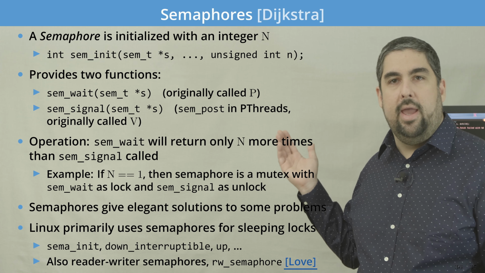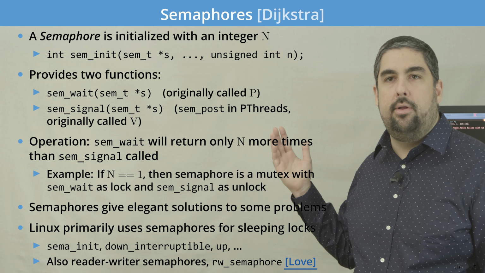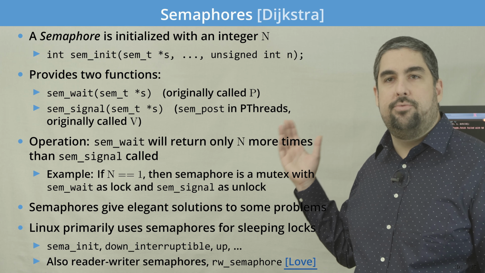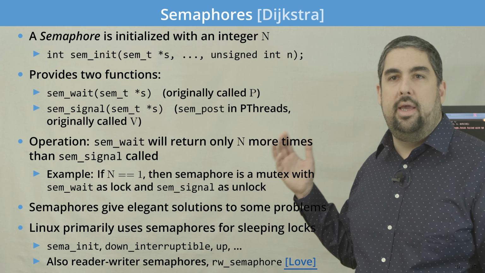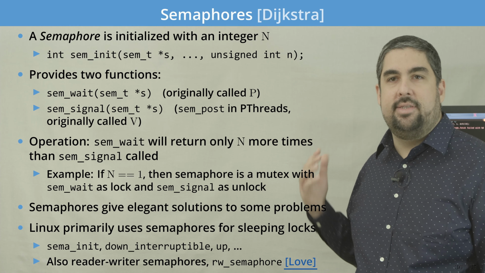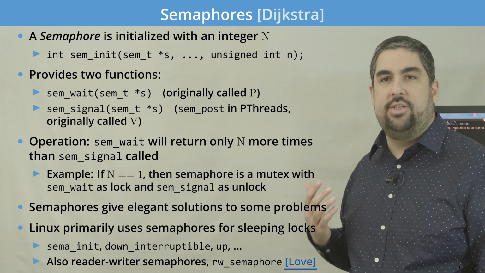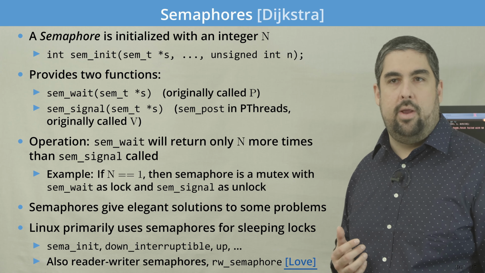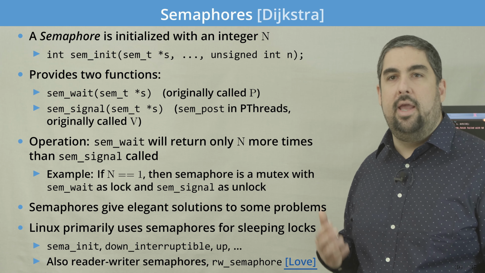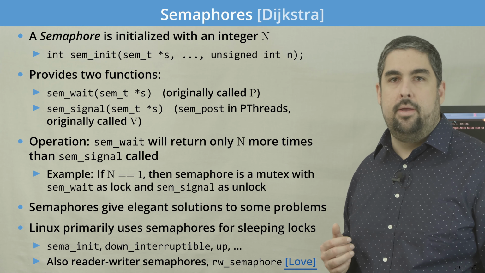When you call semWait, it will return up to n times. After that, when the count has reached 0, it's going to sleep. So every time you call semWait, it decrements the count by 1, and once it reaches 0, further calls to semWait will sleep until someone else calls semSignal, incrementing the count above 0.